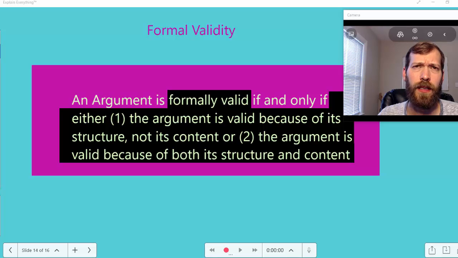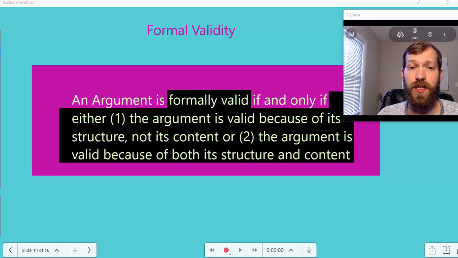But really, it seems to me that some arguments are valid merely because of their content. So the meaning of the contentful words, as opposed to the formal words in a sentence, can make an argument valid. So arguments from definition, for instance, seem to me to be a case of this, where we see this a lot.